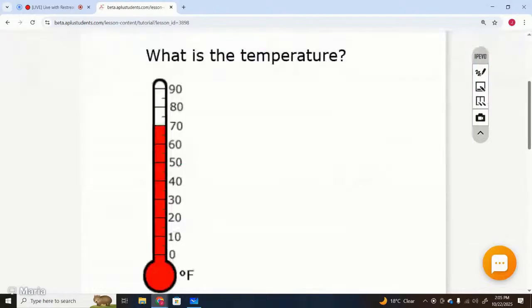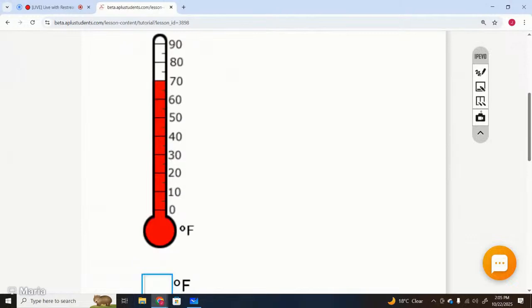Let's just start with the temperature. So basically, we can measure the temperature using the thermometer, right? So here we are going to learn how to read temperature using the thermometer. A thermometer somehow looks like this. You can read the thermometer where the color is changed.